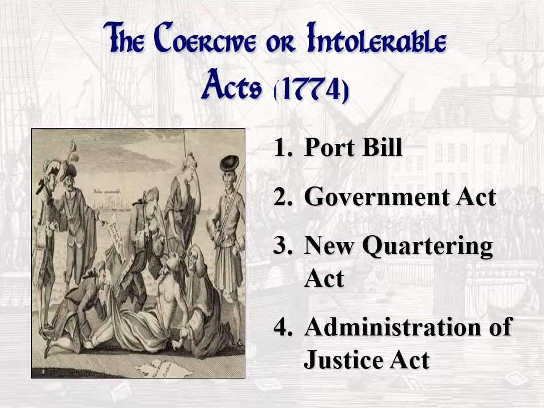So like the soldiers in the Boston Massacre, they were put on trial in the colonies. Under the Administration of Justice Act, they would have been shipped home to Britain to stand trial. And you can imagine a jury of British subjects in Britain would probably be more sympathetic to them than Americans. However, they were exonerated, so maybe not, who knows, right?